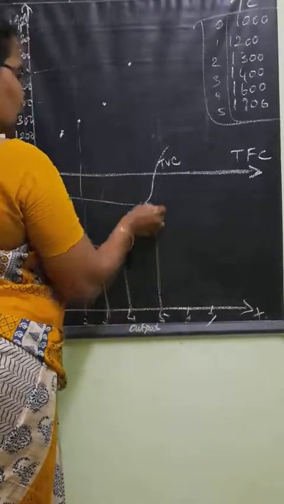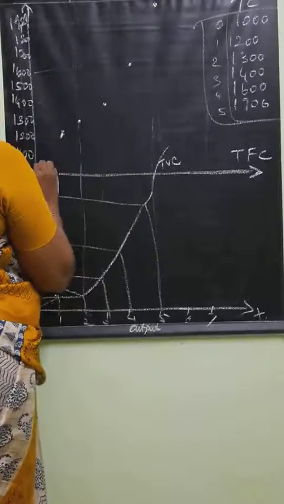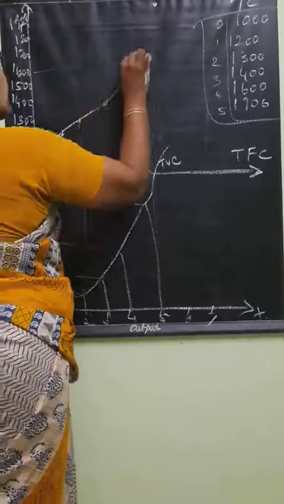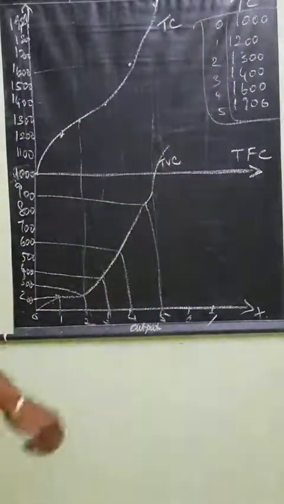Then the fifth one is 1900. How will the curve be? It starts like this, it will go like this. See, this is the total cost curve.